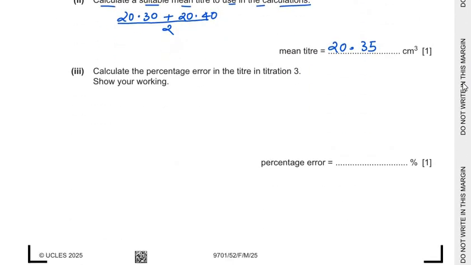Okay, now the next one is calculate the percentage error in the titer in titration 3 and show your working. Now how do we find the percentage error? The maximum error in a burette reading is 0.05. Why?